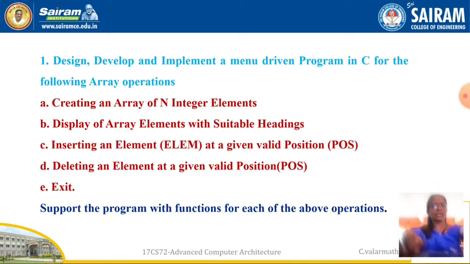For example, if the element in the third position has to be deleted, that is the fourth task in this C program. Then finally, exit. So with this we are going to see the implementation of these concepts in a C program.